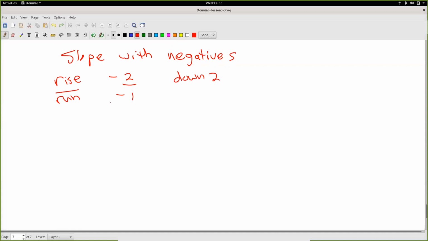The negative is a down. And the negative for the run would mean go left 1, is how I would interpret that. So if I had a particular point on the graph right here, this slope would say to drop down 1, 2, and then go left 1. And that would put me right here. So in this direction, I went down 2, and then I went this direction for left 1.